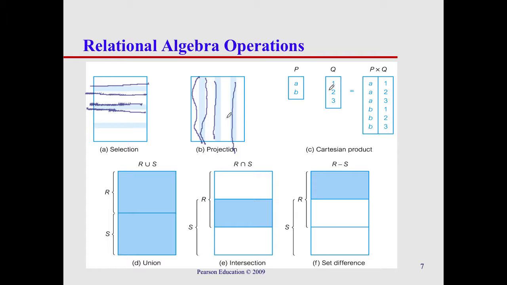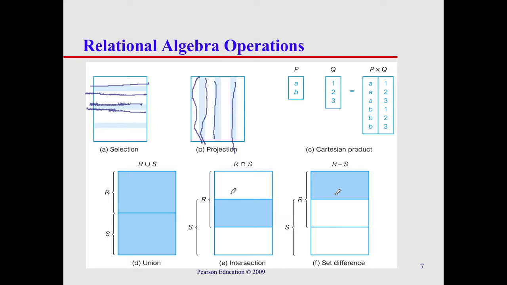So A1, A2, A3, then B1, B2, B3. So every possible combination of the tuples from the 2 relations. Union adds together the tuples from the two relations. Intersection takes the common elements from the two relations. Set difference takes everything that's in R but not in S.